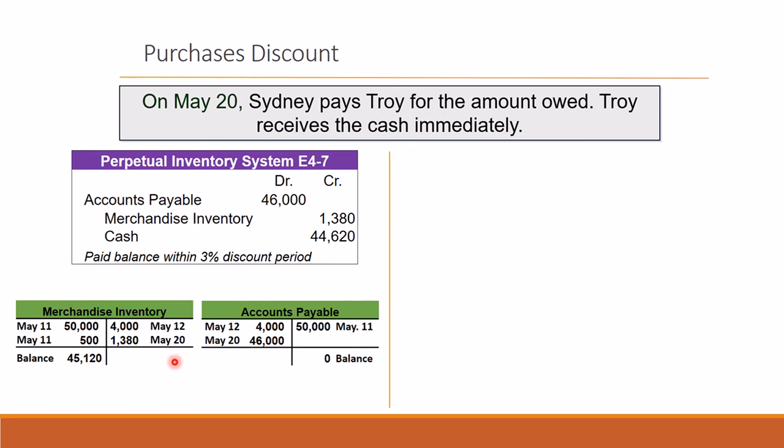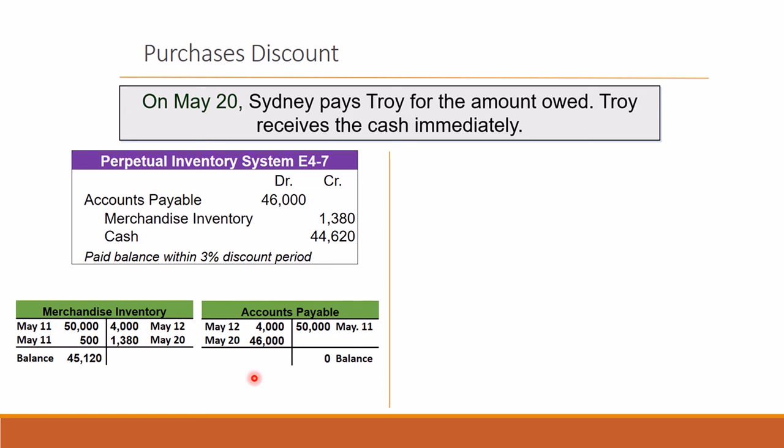I think a lot struggle with the thought, hey, I'm not actually physically returning something out of my inventory, but the merchandise inventory account reflects not only the physical amount of the goods, but the cost of those goods. In essence, we're having a discount, so we need to show a reduction in that overall value, what's remaining. I'll also point out our accounts payable balance of $0 indicates that Sydney now has no outstanding payables.